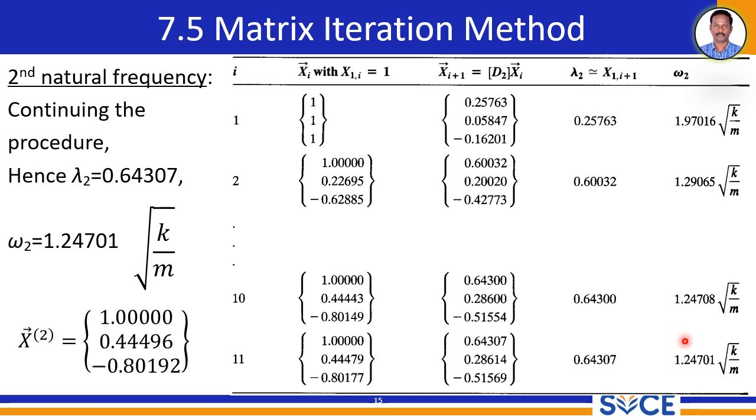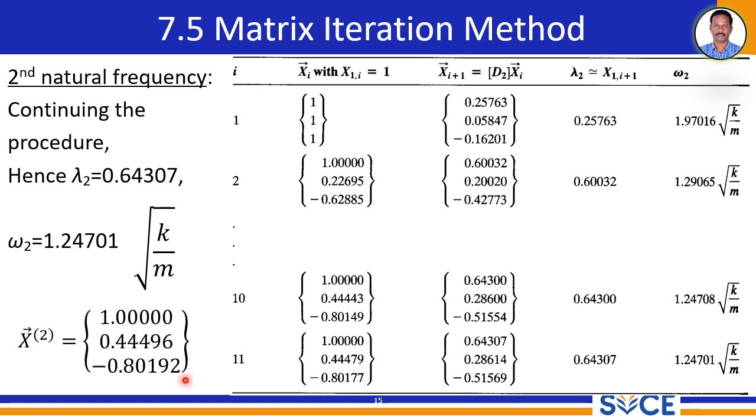Hence, there is a minimal change in the values at the fourth digit. We are going to stop the iteration at this point, and we take the second natural frequency as 1.24701 and the vector as 1.4496 and minus 80192.